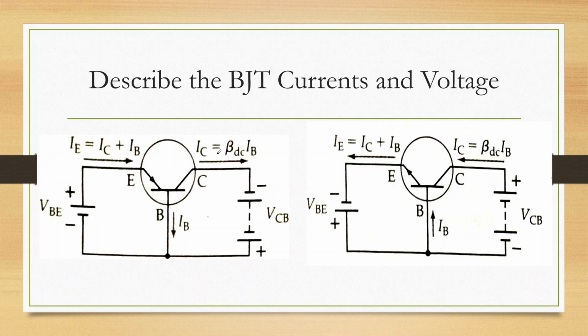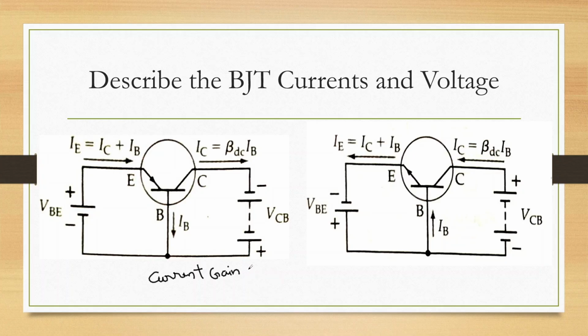And this IC we can write as beta DC into IB. What is this beta DC? It is nothing but the current gain, which is the ratio of the output current and the input current. Output current is IC and the input current which you are going to give is IB.